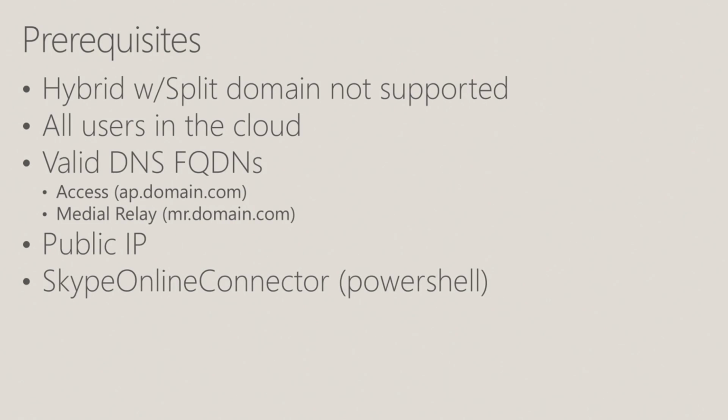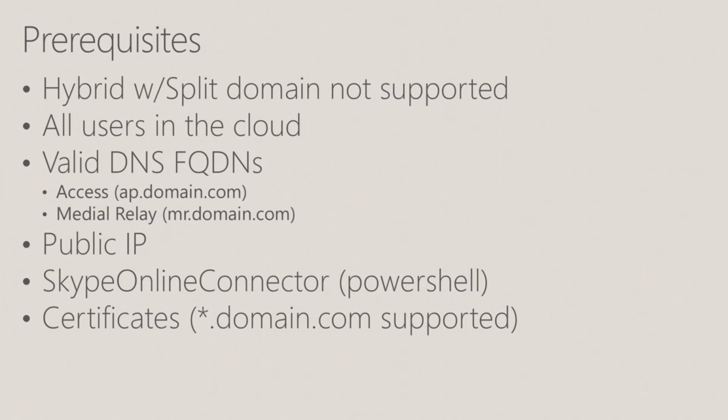You need to be able to connect up to the cloud using Skype Online Connector through PowerShell or something like that to assign users their numbers and their plans. You need a certificate, MTLS. It supports wildcards. Yay!